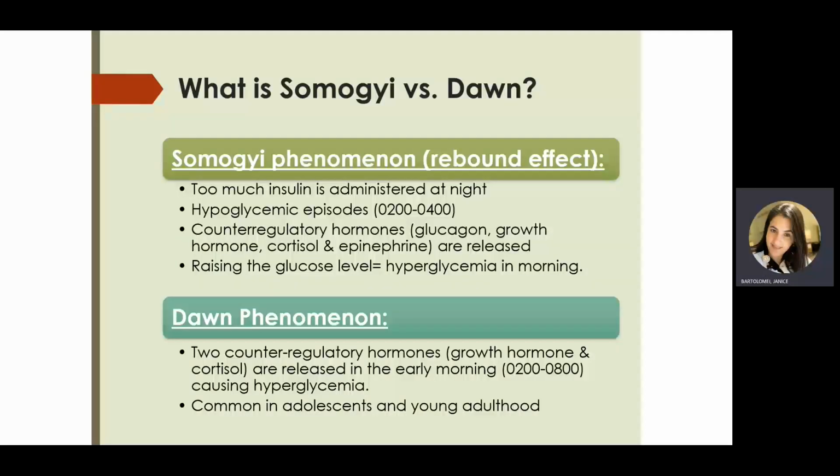All right, so Somogyi, we call it the rebound effect. The problem here is that a client gets too much insulin at night, making the patient hypoglycemic around 2 to 4 a.m. And then these hormones that we have in our body, there are four of them: glucagon, growth hormone, cortisol, and epinephrine, say, whoa, hold on.